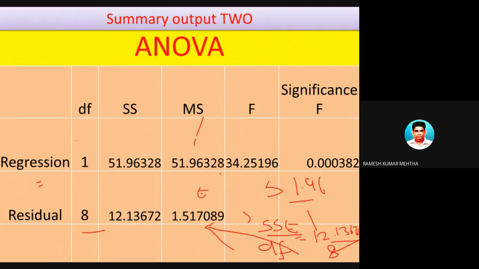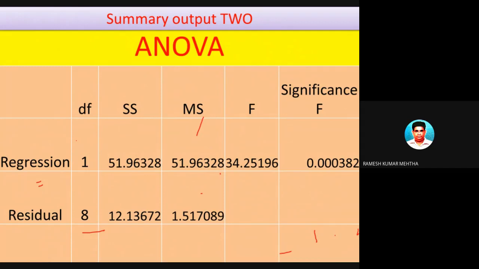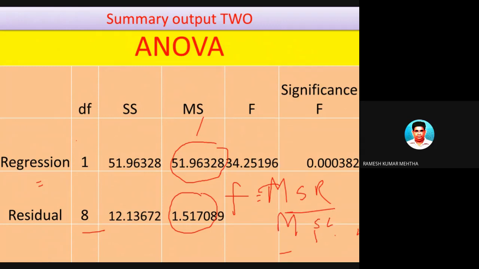So next point is, how did we calculate the F value? F is equal to, please remember this, this divided by this, that is, mean sum of squares regression divided by mean sum of squares error, which is equal to 51.9632 divided by 1.17089.